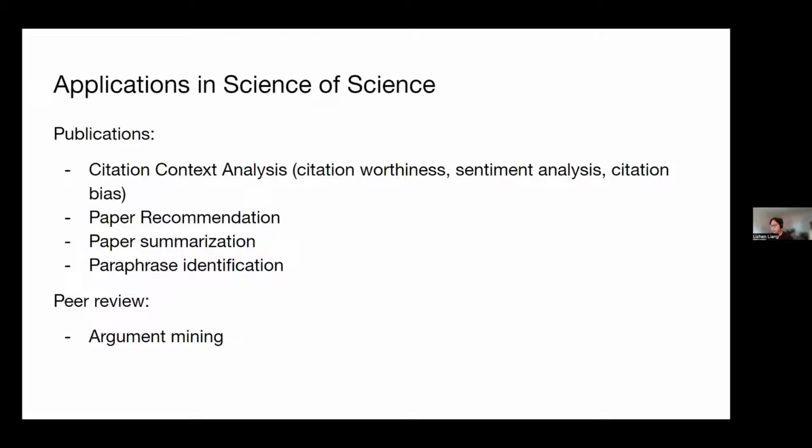In those tasks, researchers analyze whether a citation is worthy of being cited, and the sentiment in that citation context, and whether people cite a paper only because it is published by someone who has a very high H-index or from a very good school. And from the citation context, whether there's a citation bias.